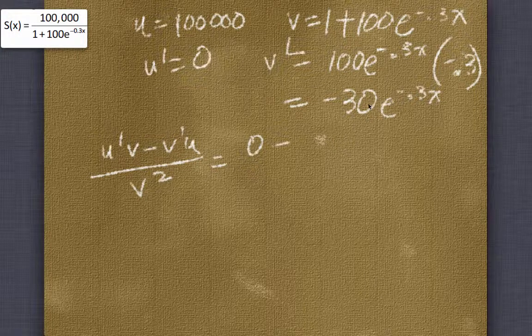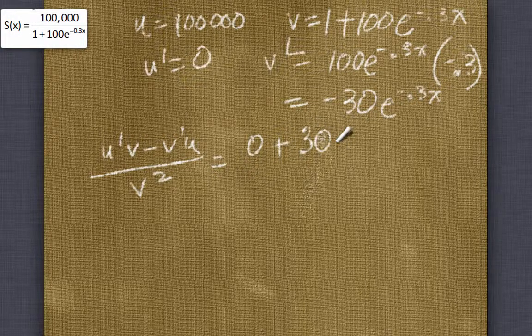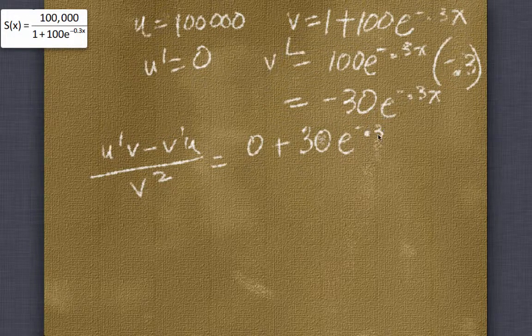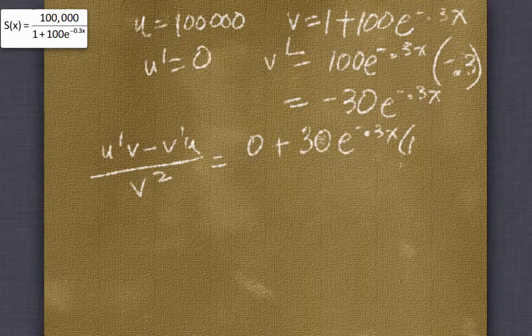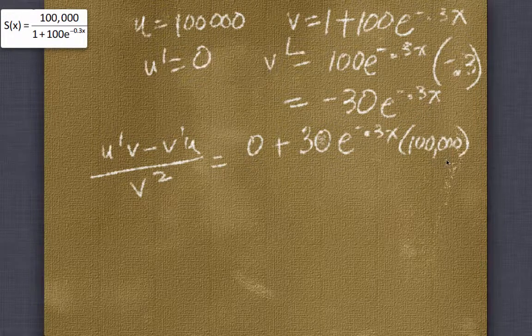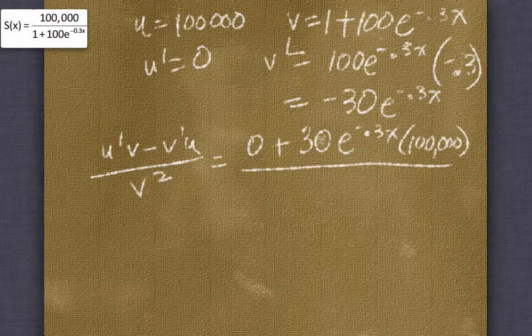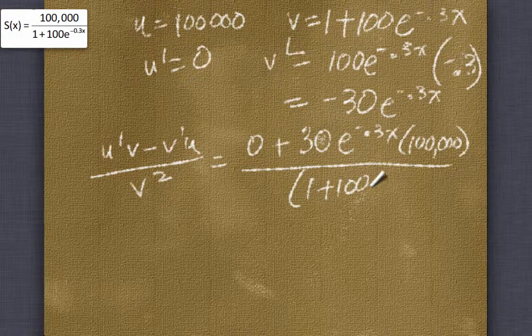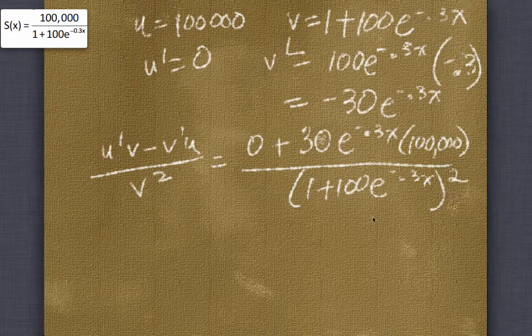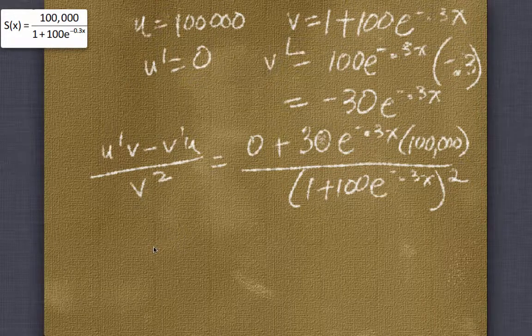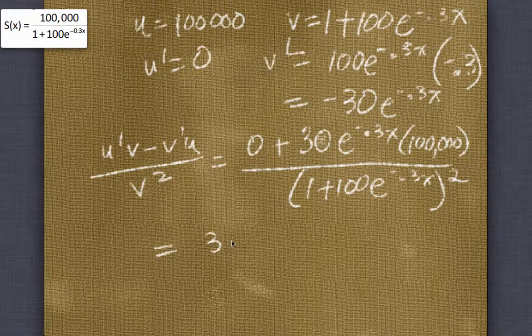V prime is negative 30, so plus 30 e to the negative 0.3x times u, 100,000, over v squared, so equals 3 million.